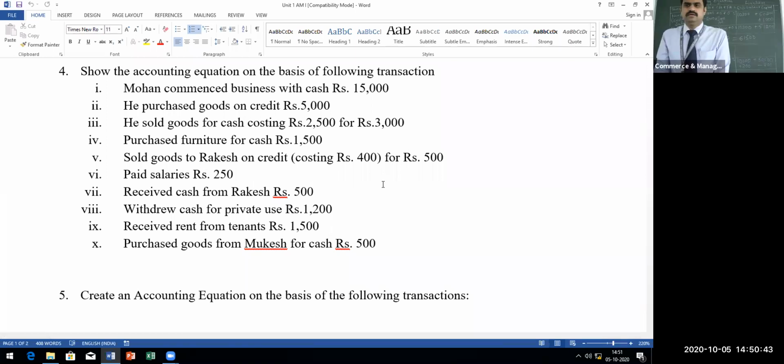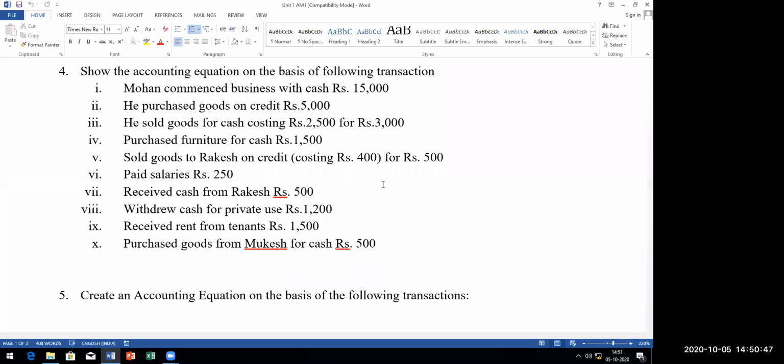He purchased goods on credit Rs 5,000. Sold goods for cash costing Rs 2,500 for Rs 3,000. Purchased furniture for cash Rs 1,500. Sold goods to Rakesh on credit costing Rs 400 for Rs 500.